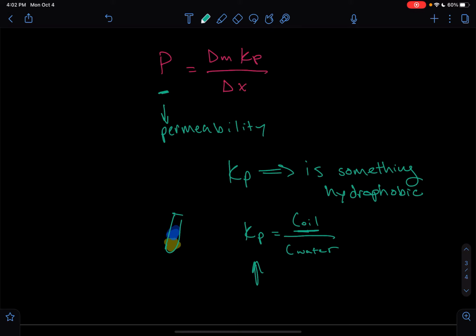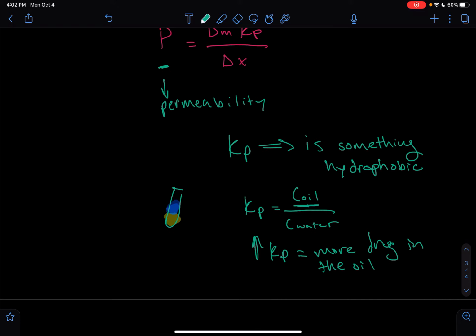So my higher Kp equals more in the oil. More drug in the oil. And all that means is that my drug is just much more hydrophobic, okay? And if it's more hydrophobic, it has high lipid solubility, which means high membrane permeability.